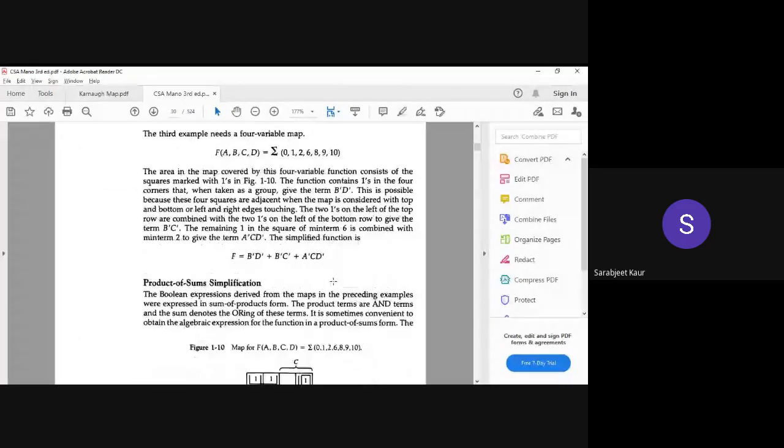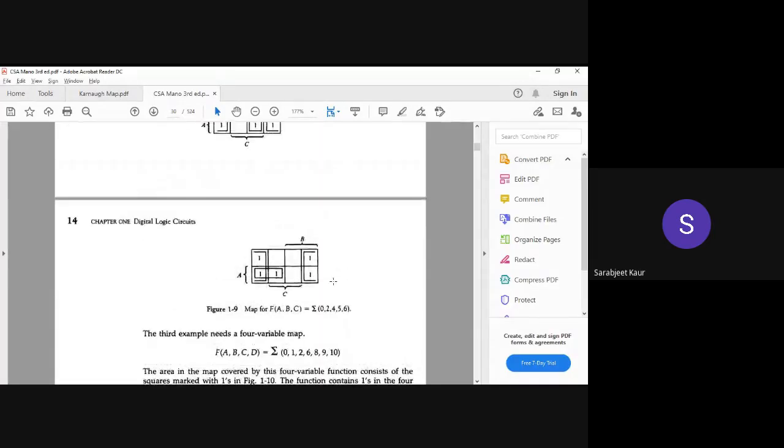Can you see my screen? Yes, ma'am. Okay. So I want you to solve the questions given in your book as well. Since they are already solved in the book, I'm leaving them to you as an exercise.